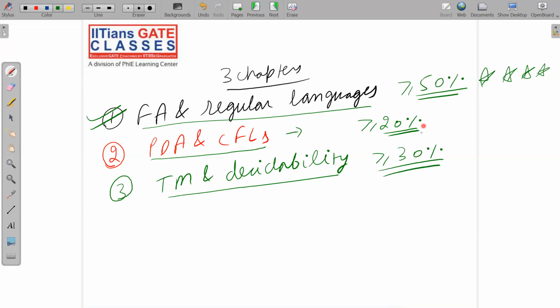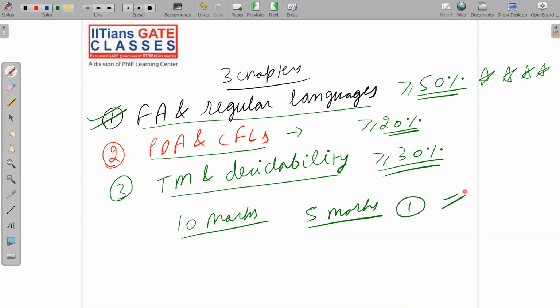And obviously the weightage is also like this. So if you are expecting 10 marks from TOC, then 5 marks from the first chapter. So the first chapter is very, very important.